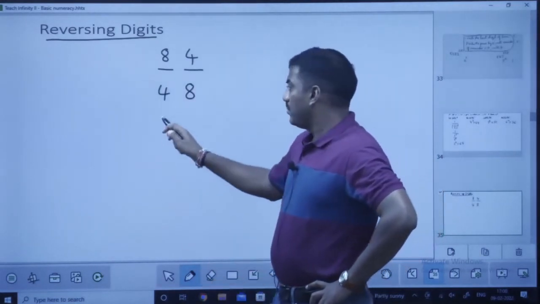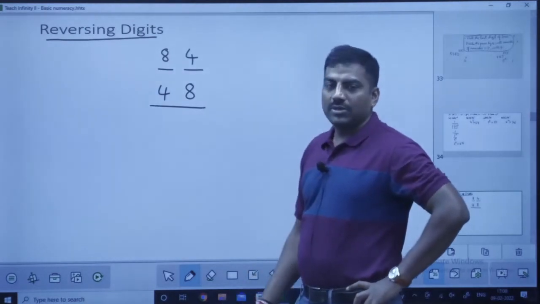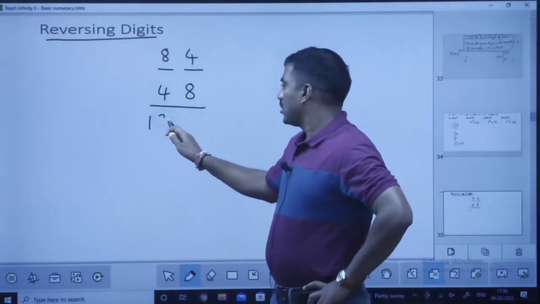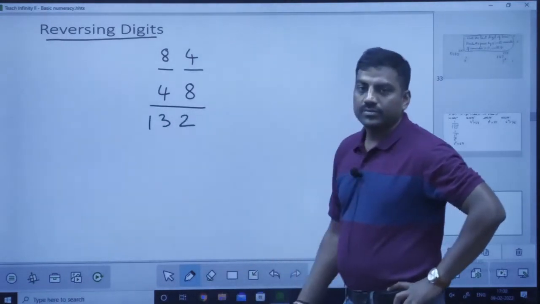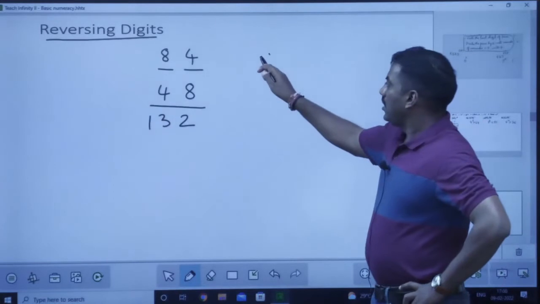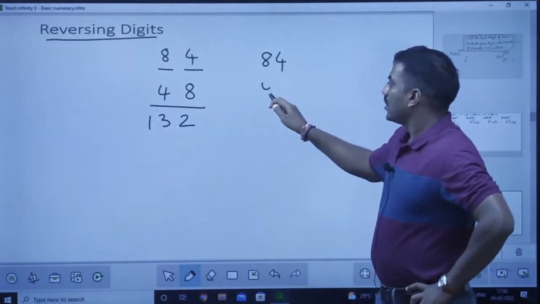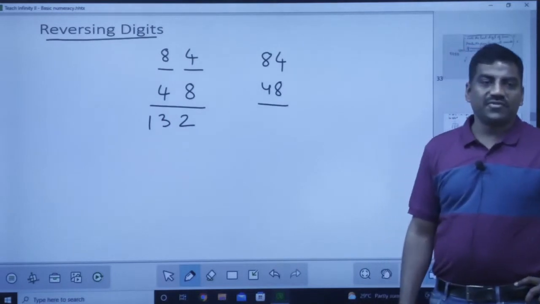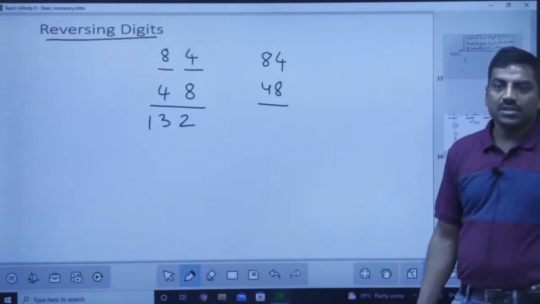Add them. How much will it be? Okay. Take the difference of them. 84 and 48. Take the difference of them. 36.